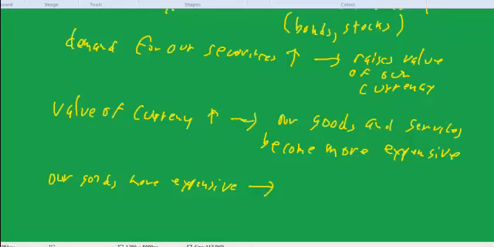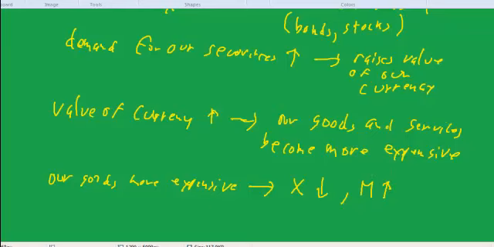means what in terms of our exports? Well, it means that we're going to export less. And what about imports? Well, if our goods are relatively more expensive, that means that foreign goods are cheaper. So if the value of our currency is really high, then foreign goods are cheaper, and so imports will go up.